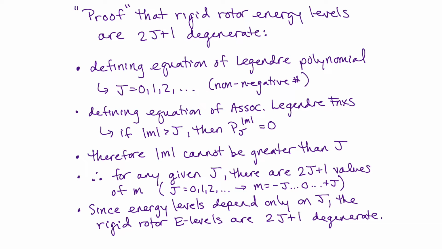All right, so then since our energy levels depend only on the j, then our rigid rotor energy levels end up also being 2j plus 1 degenerate. Okay, so that's where that degeneracy comes from. So it all comes from all of these sort of caveats that come along with solving our theta part of the spherical harmonic wave functions.